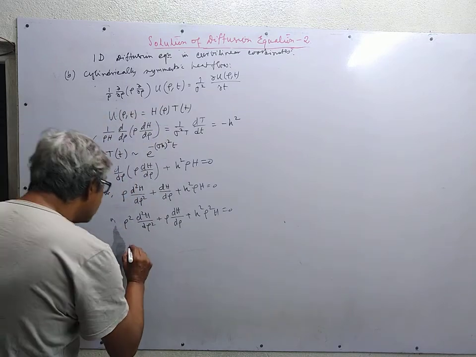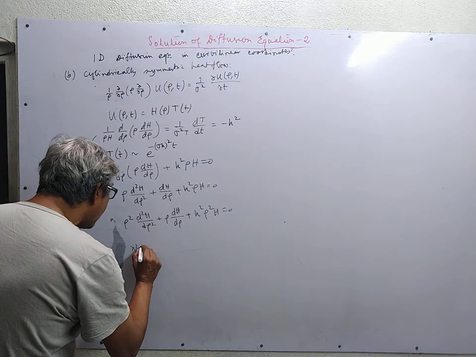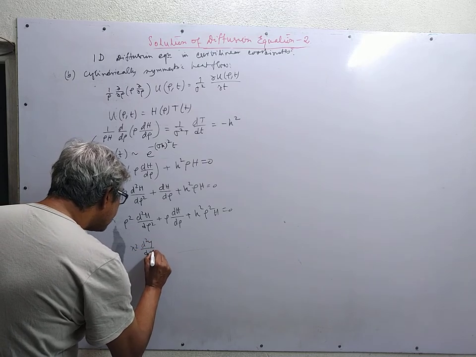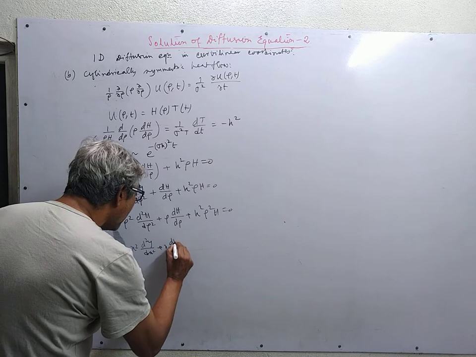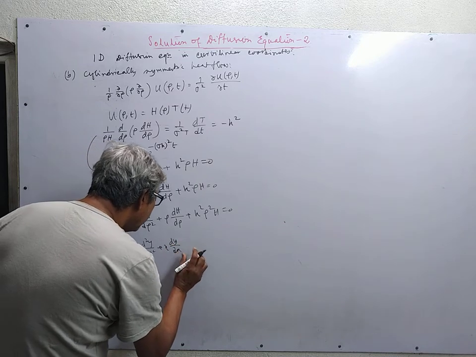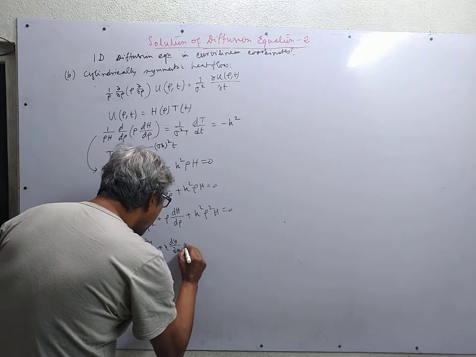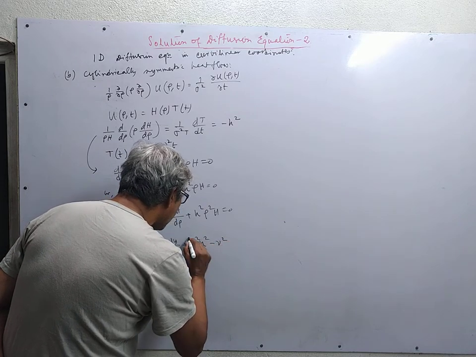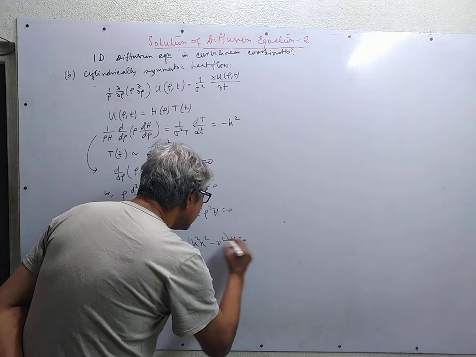We compare this equation with x squared d2y dx2 plus x dy dx plus k squared x squared minus nu squared y is equal to 0.